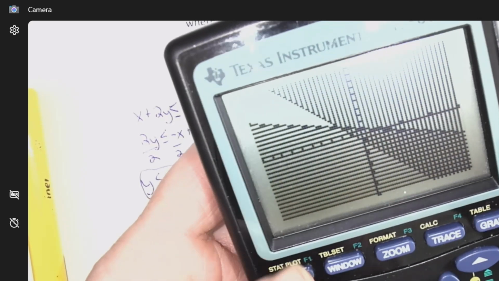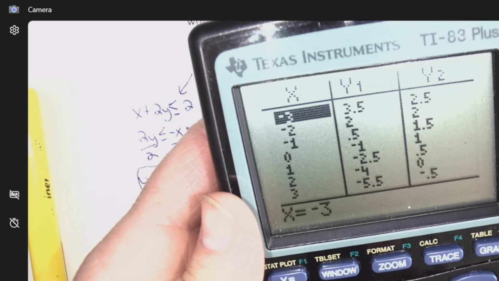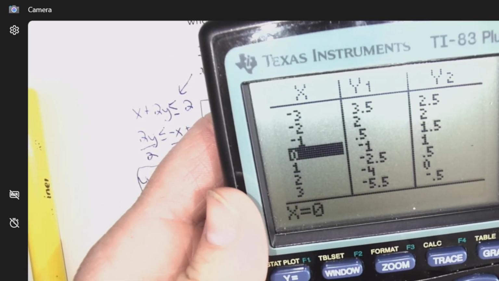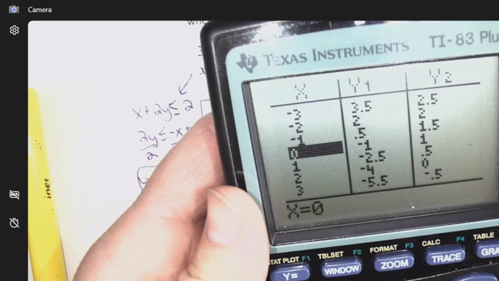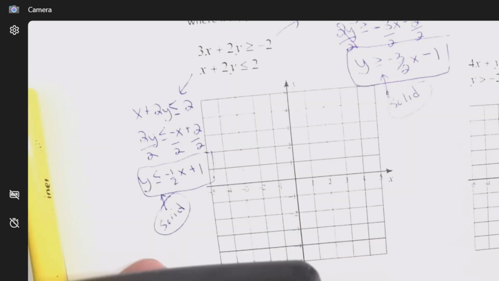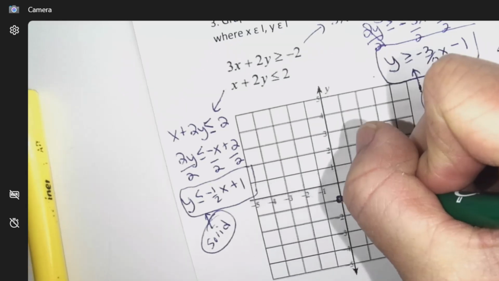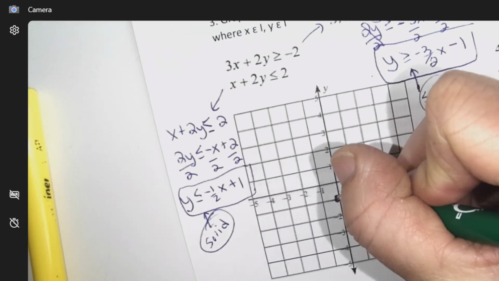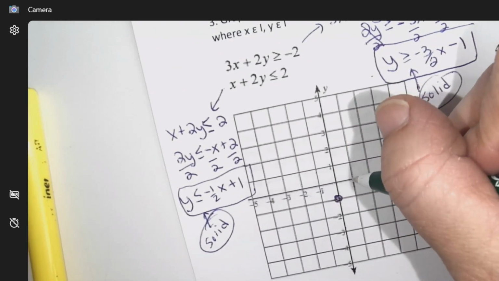Okay, I'm going to go to my table and I'm going to get some points. So the first line, I'm going to go 0, -1. I'm going to use a 2, -4.